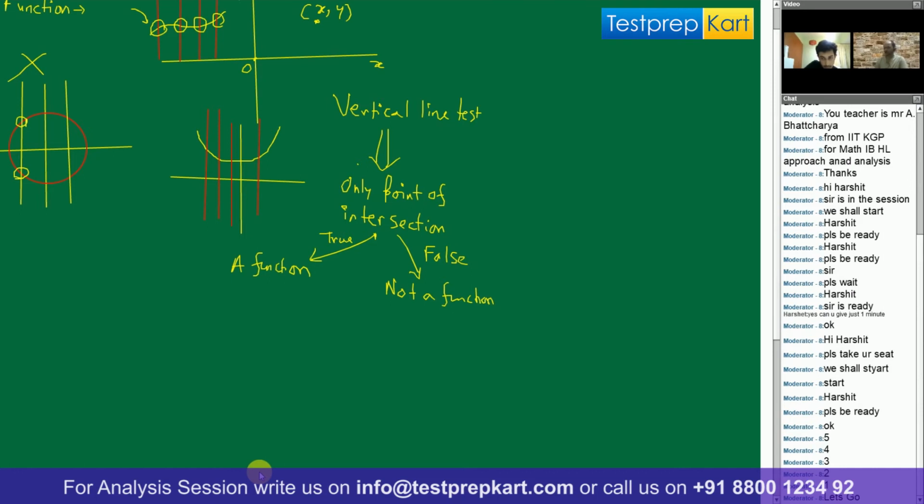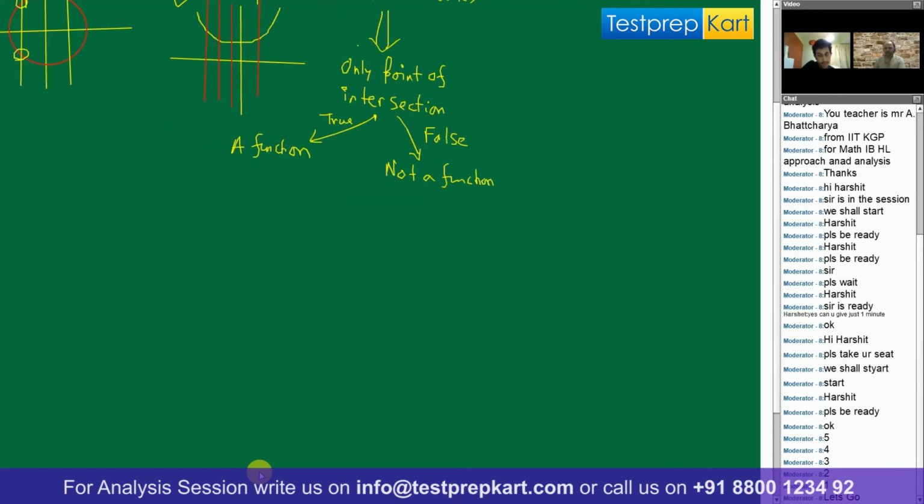Let's consider one more example. These are the coordinate axes and we are considering a vertical line. Will it be a function? Okay, why do you think so? Because it intersects at one point.